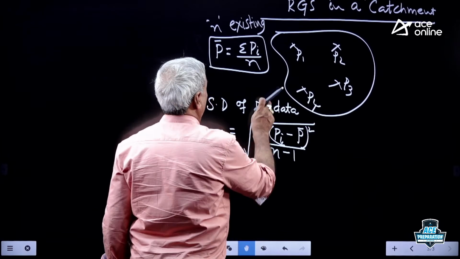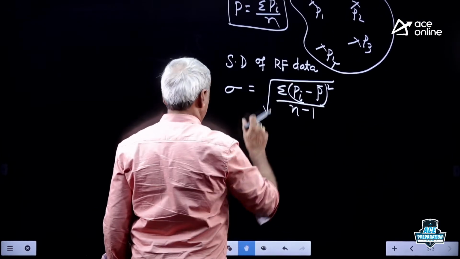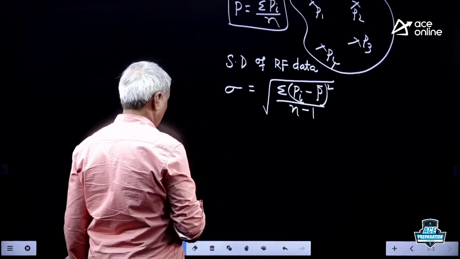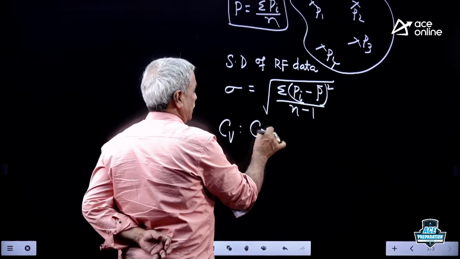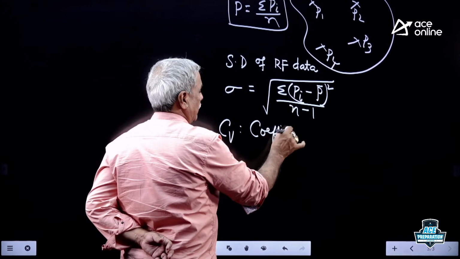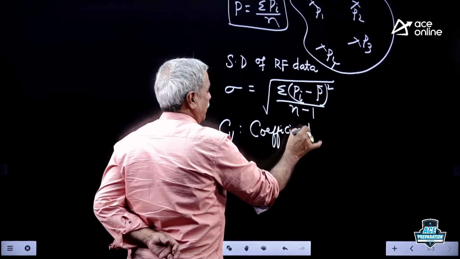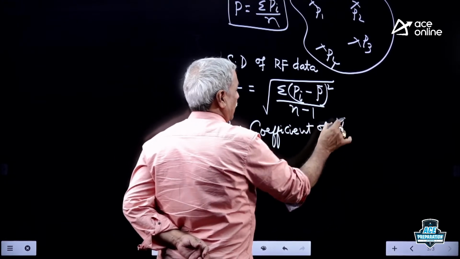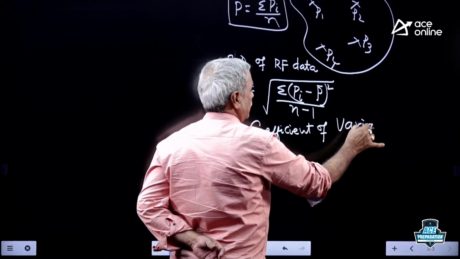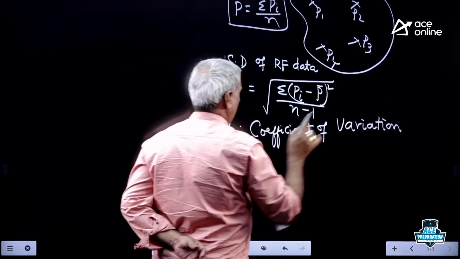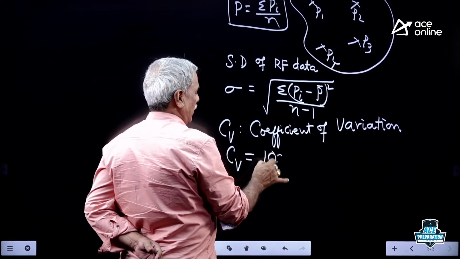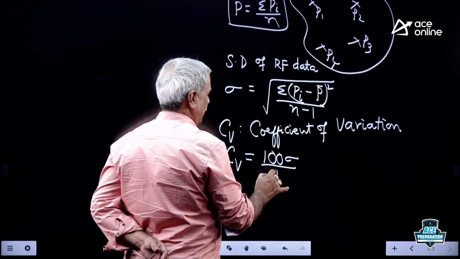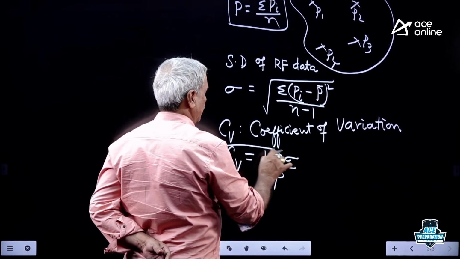With the help of the arithmetic mean and standard deviation, we can calculate the coefficient of variation. Coefficient of variation is expressed in percentages, CV equals 100 into sigma divided by P bar.